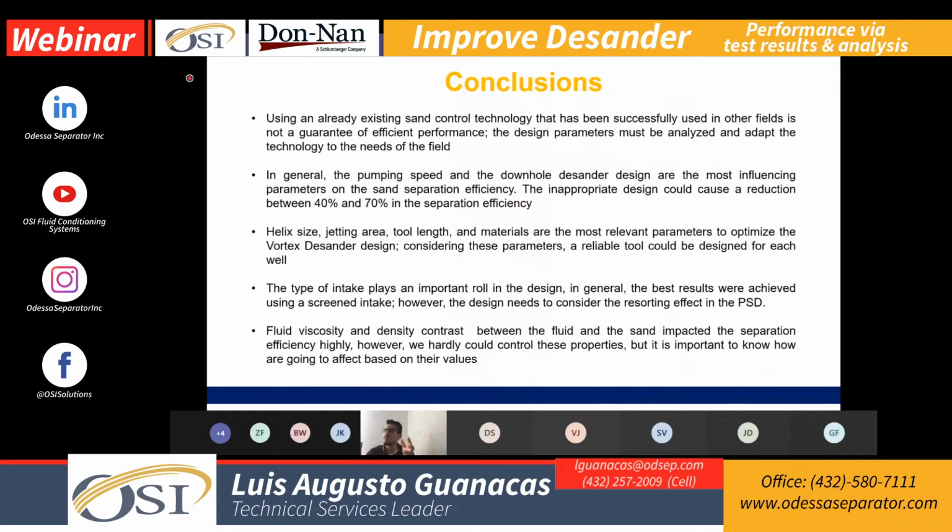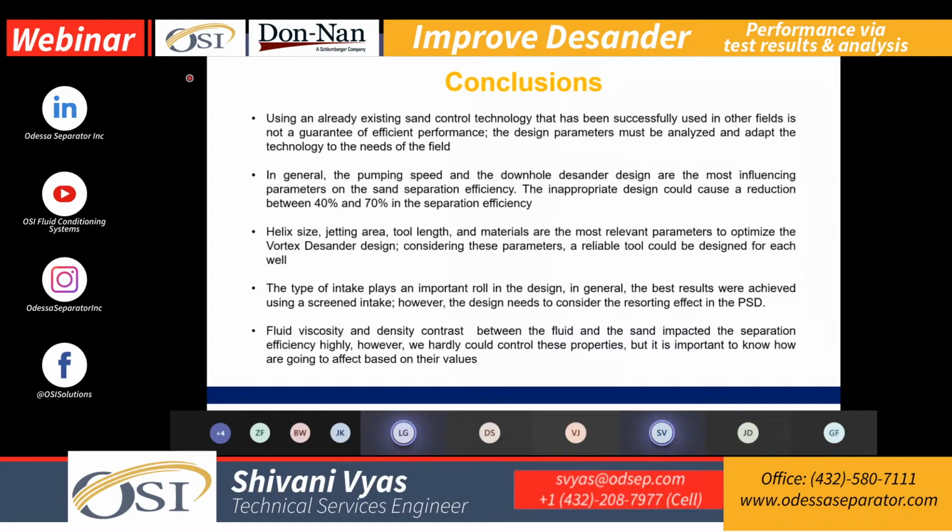Options that we have seen on the engineering side are to do wet SIF analysis, or maybe find different parameters to check the real distribution of your sand. Yeah, and in addition, obviously your densities and viscosities, this is something that's not under our control, but knowing the factors that contribute to your separation efficiency gives us a better idea of whether we need to size up that helix a little bit more.